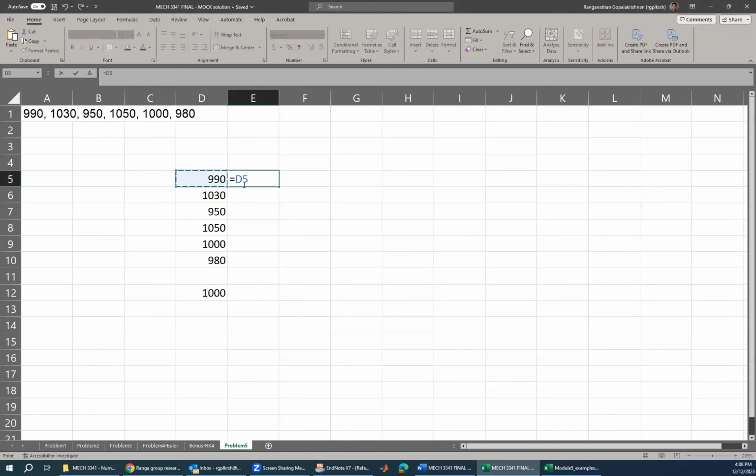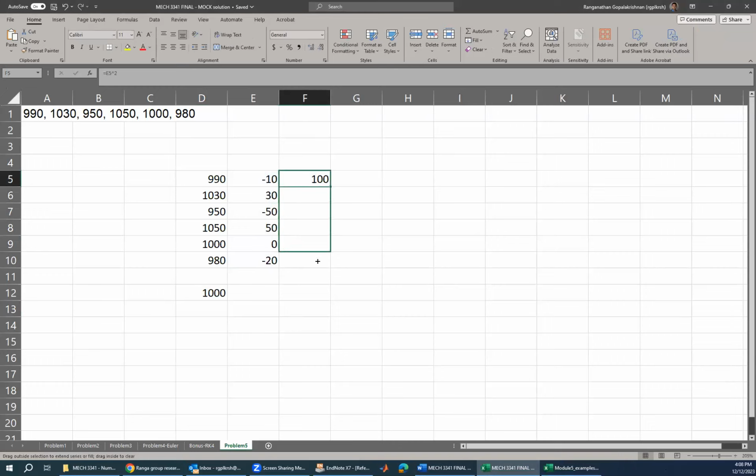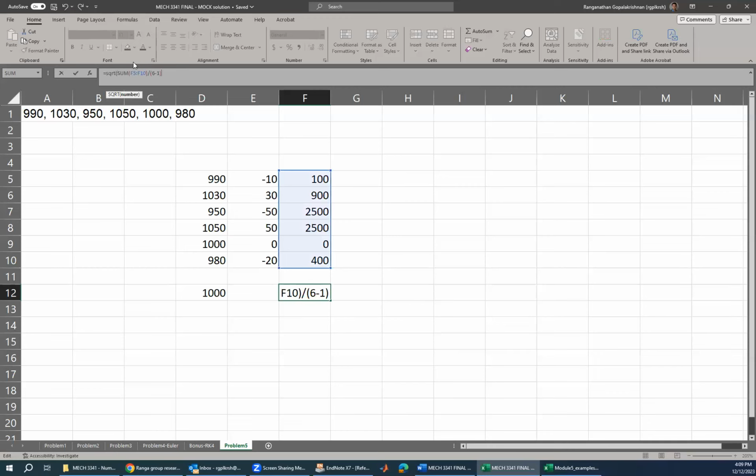So you can write this minus, so you want to square this and add, and then this is basically x minus x bar squared, and then divided by not 6 but n minus 1, so that should be 5, and then we want to do the square root of this.